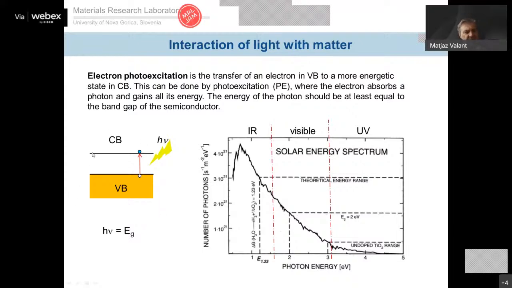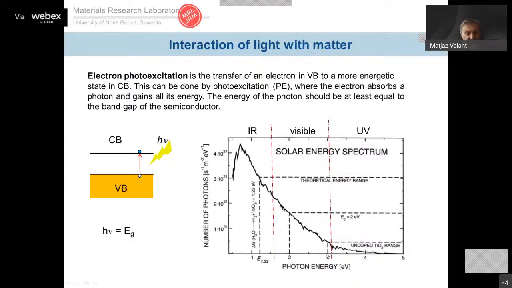For instance, let's think that this left side here is titania. Titania has a band gap of, let's say, about 3 electron volts. Here we have the solar energy spectrum, and what you see is that the visible light span in the solar spectrum is somewhere from 1.6 maybe to 3.1 or even lower than that.